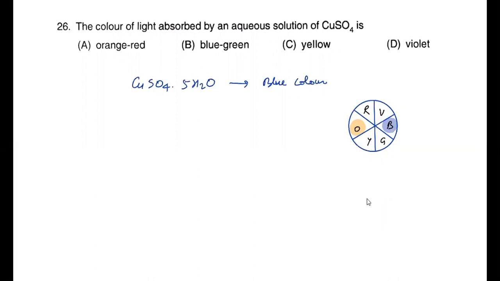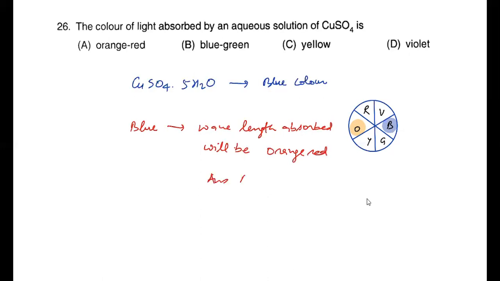So as per the given options, we must write answer A. If we notice blue color, then the wavelength absorbed will be of the orange red region. So your answer must be A. It is a question of complementary color theory for coordination compounds. Is that okay?